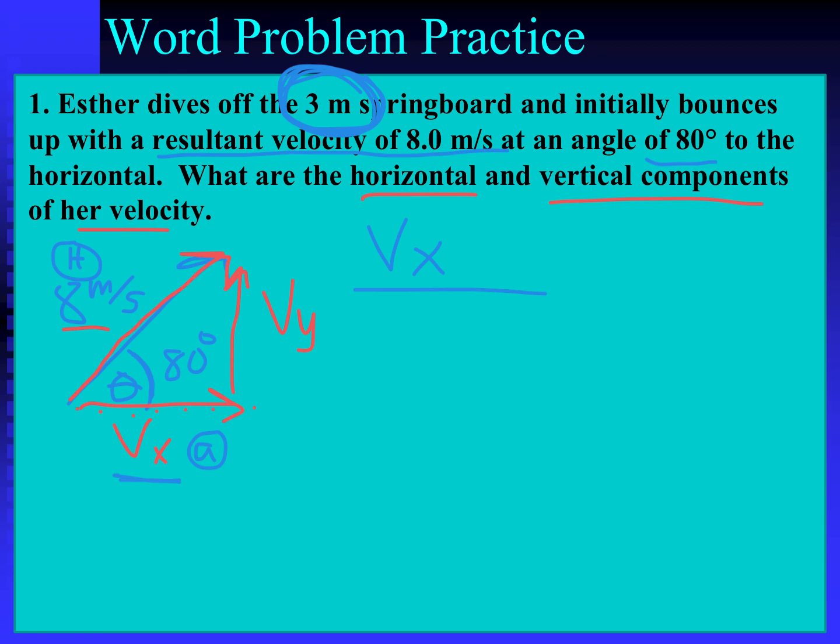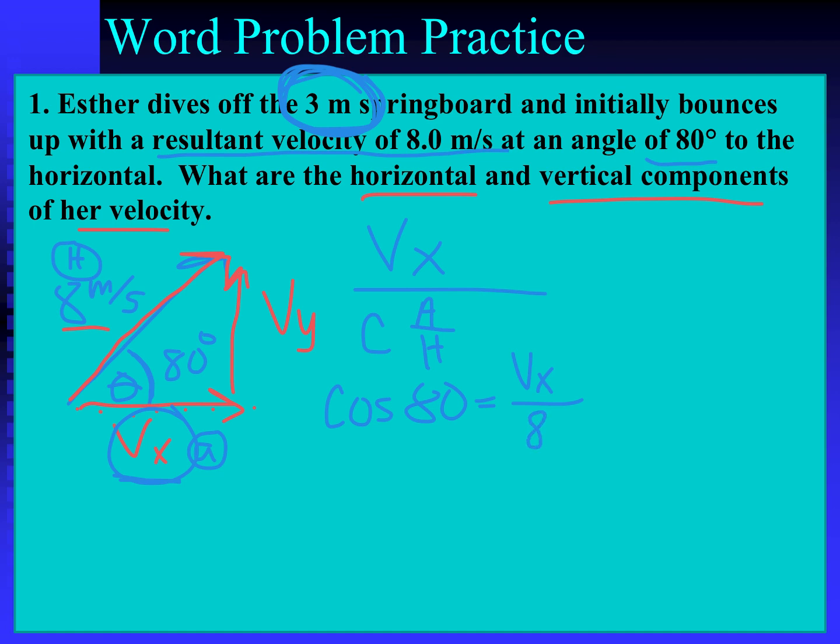Okay, so what trig function uses adjacent and hypotenuse? That would be the CAH in SOHCAHTOA. That would be cosine. So I'm going to take the cosine of that angle and set that equal to my adjacent side, which is Vx, which I don't know yet, divided by the hypotenuse, which is 8. Cool.